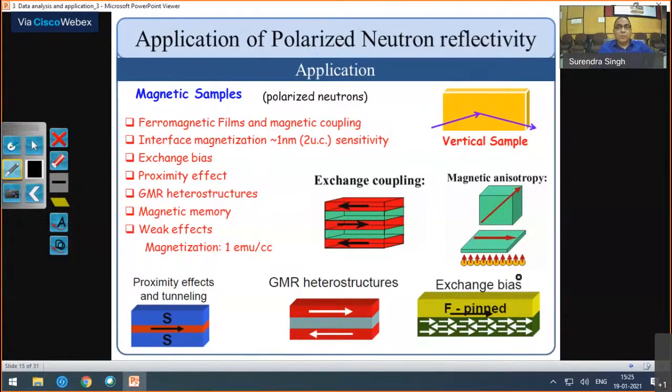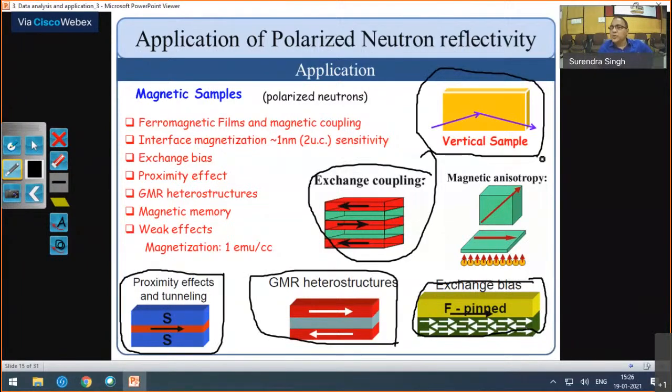Some of the things we have listed here are ferromagnetic films and magnetic coupling. In this case, we usually use the vertical sample, but there is no harm, we can use the horizontal geometry also. There is no problem because this kind of application is done with both horizontal and vertical sample geometry for neutron reflectometers.